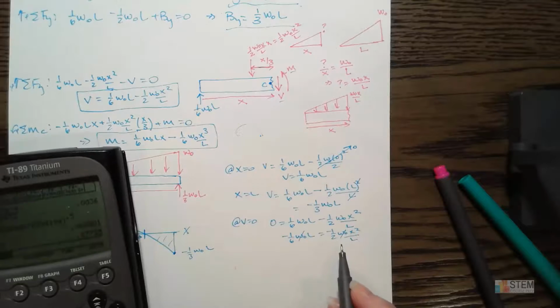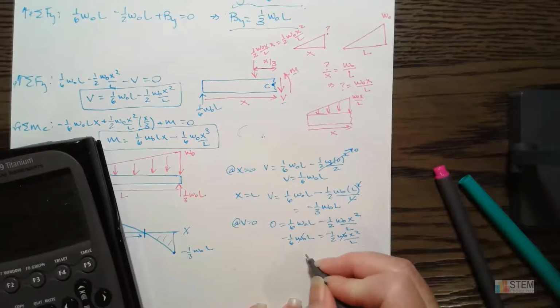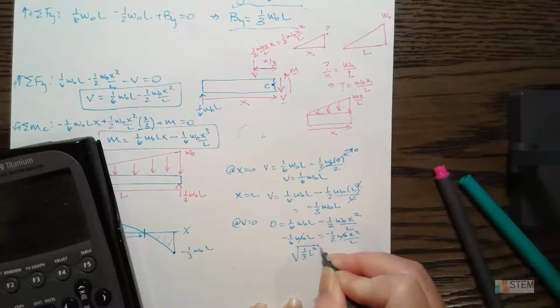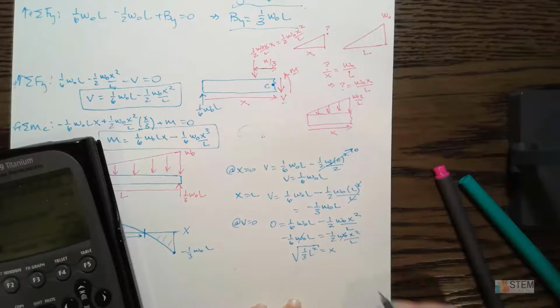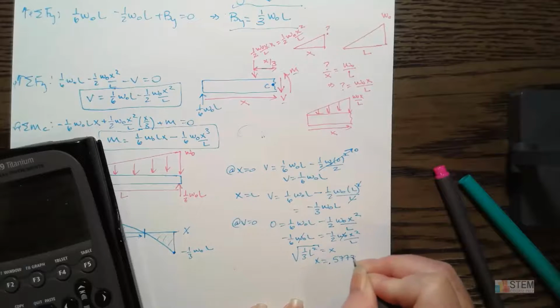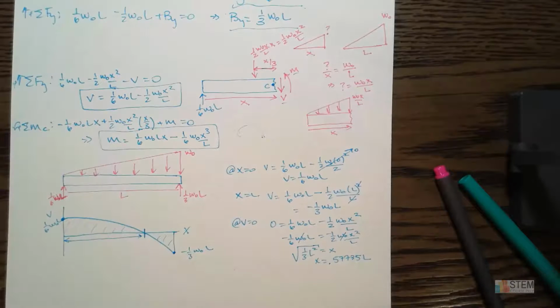Okay, so what we end up with over here is basically the square root of 1/3 L squared. That's what x will be. All right, so if you use the calculator for that, you get 0.57735 L. Okay, so that is where we cross the x-axis, where v would be 0, right here.